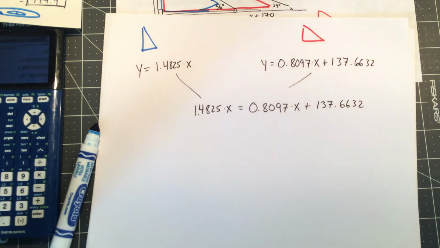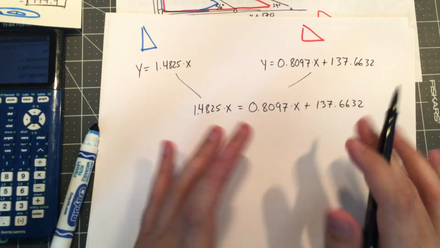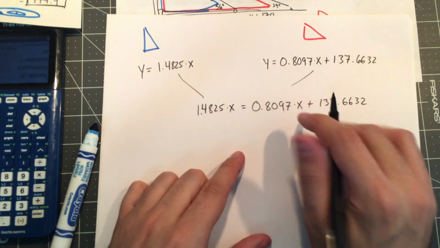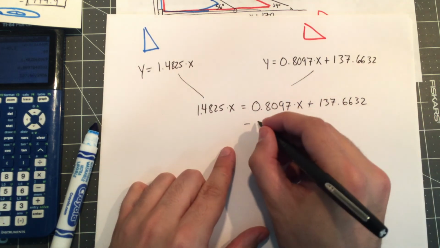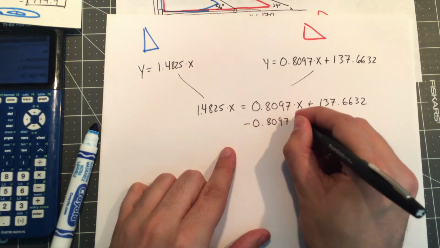Four decimal places might even be overkill with a problem like this, but it's still okay to do because I'm only doing a couple steps. Let's subtract this on both sides.